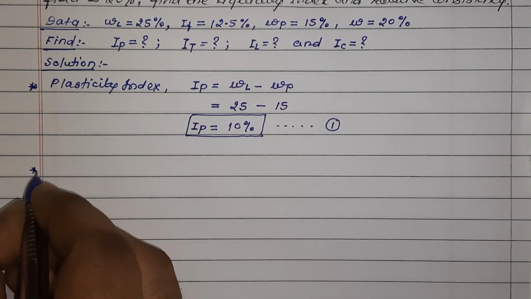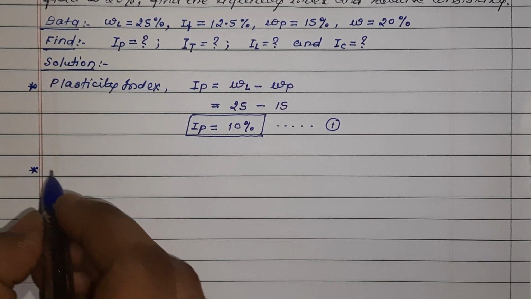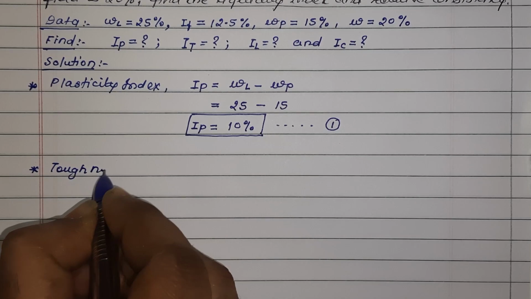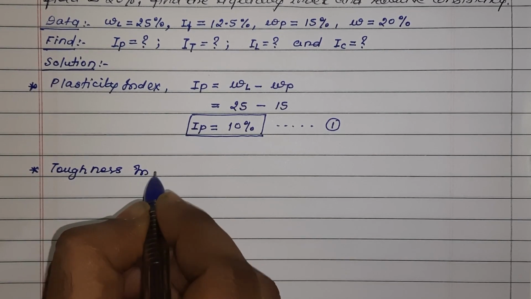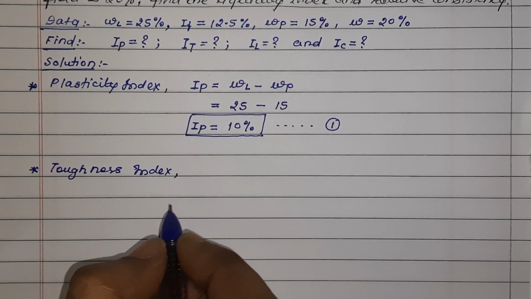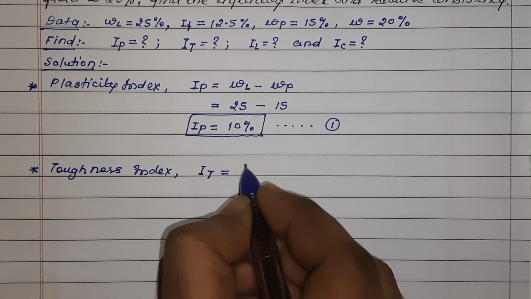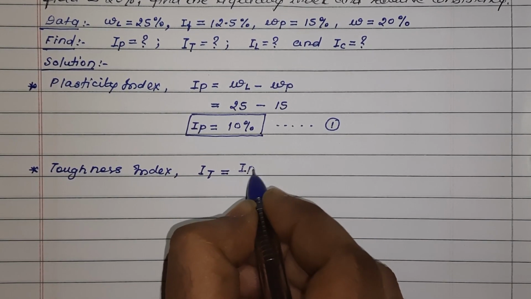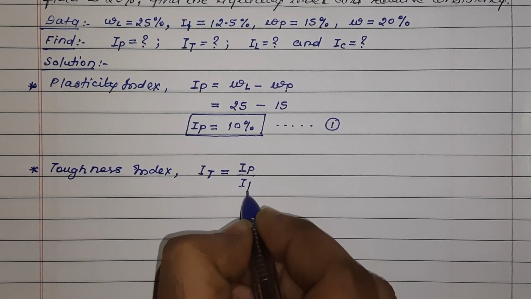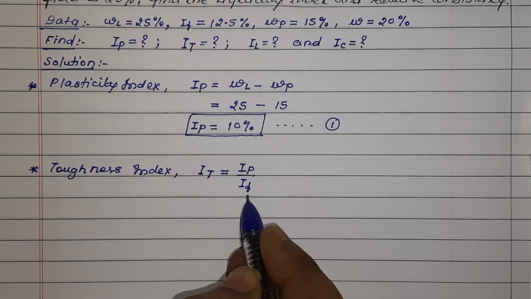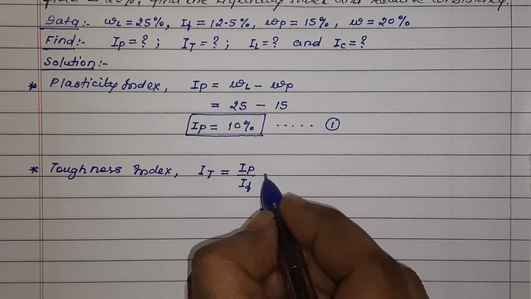Now we will find out next term, that is toughness index. It is given by IT is equal to IP divided by IF, where IP is plasticity index and IF is flow index.